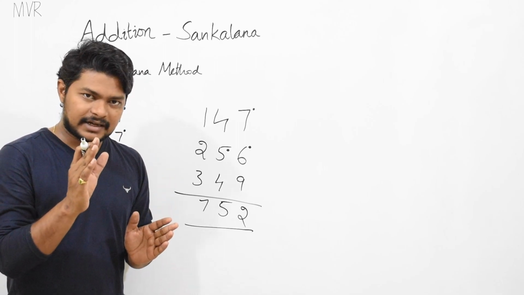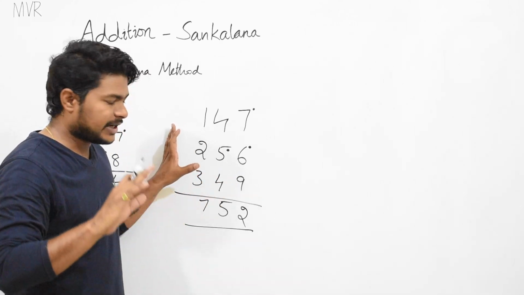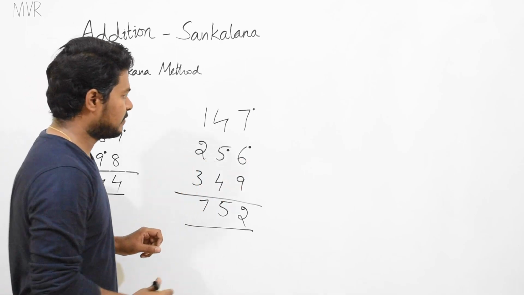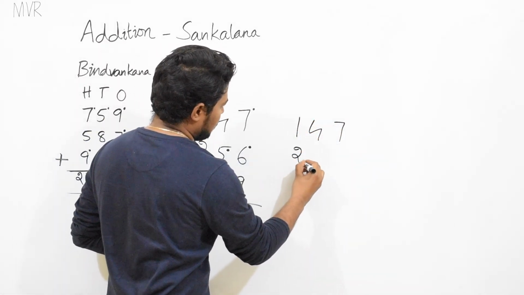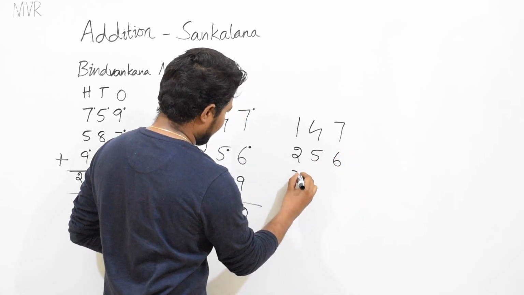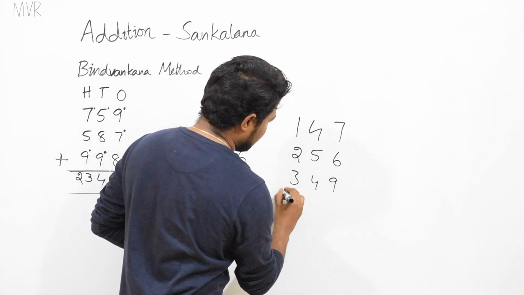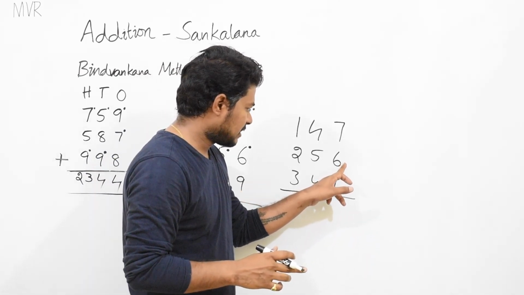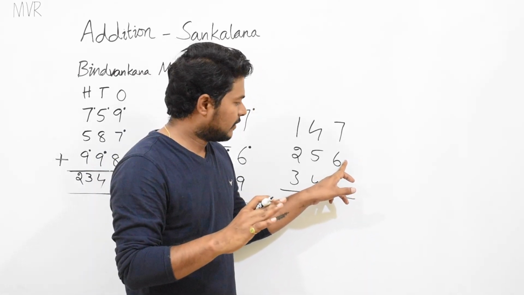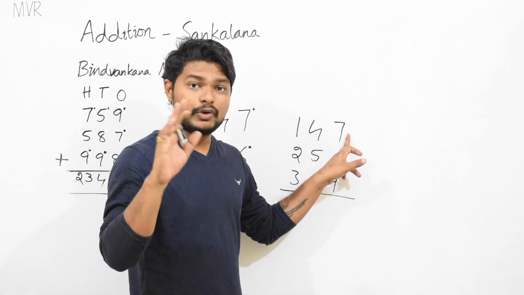Actually, if you do the same thing the normal way, I will also explain that. 1, 4, 7, 2, 5, 6, 3, 4, 9. By the normal way, 9 plus 6 is 15. 15 plus 7, 22.